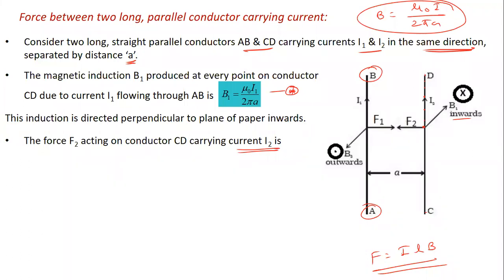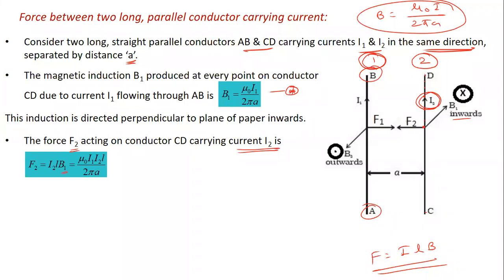By that formula, consider the force acting on conductor 2. This is conductor 2 and this is conductor 1. So F2 is equal to I2, because we have to consider the current I2, times the length L, times B1, the magnetic field produced by conductor 1.